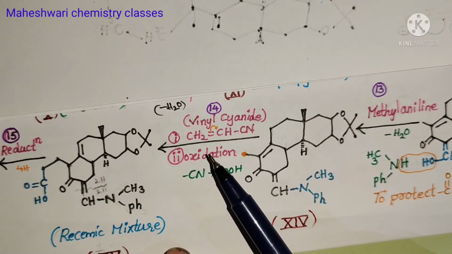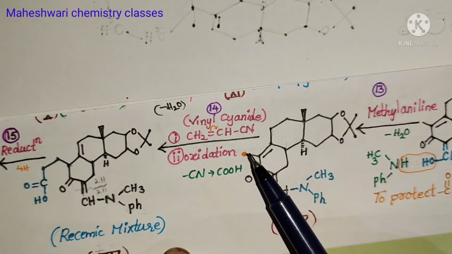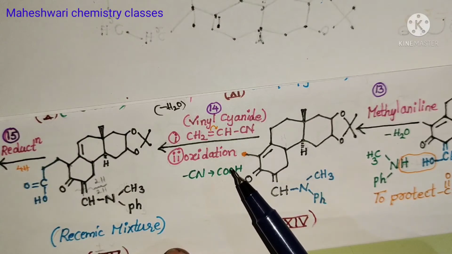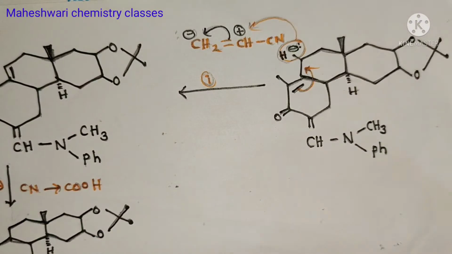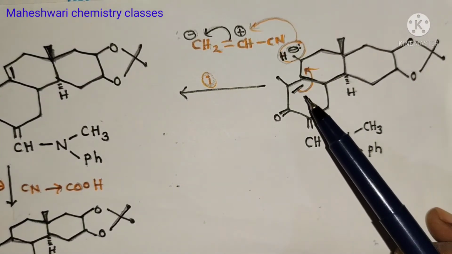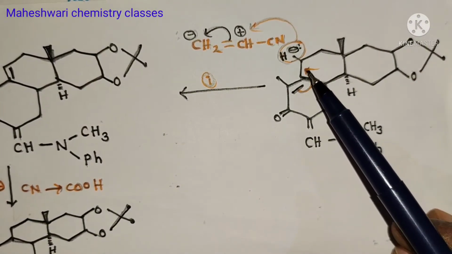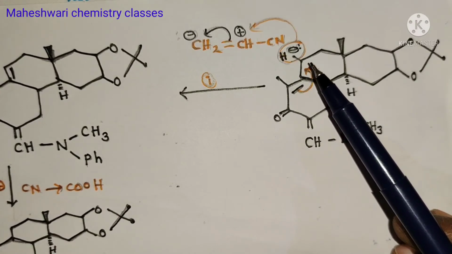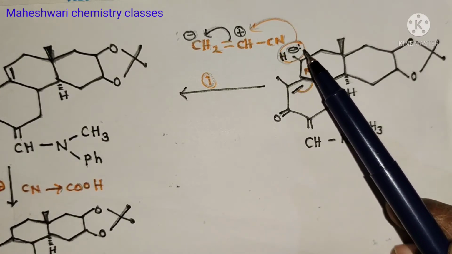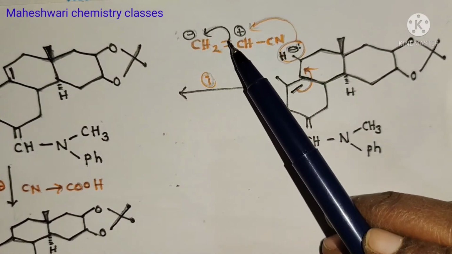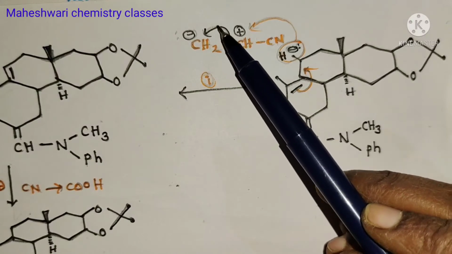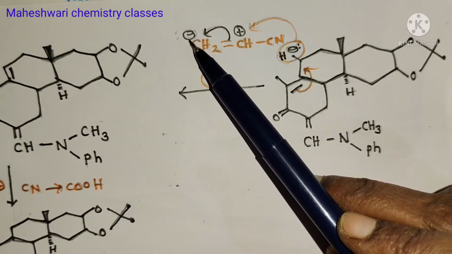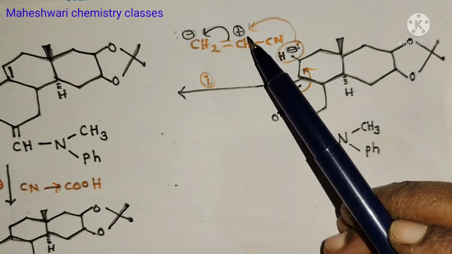It reacts with vinyl cyanide and also involves oxidation. How is it? See, like this. This pi bond is shifted towards this carbon side. At that time this hydrogen is eliminated as an H minus ion. In vinyl CH2 double bond CH, the pi bond shifts towards the CH2 side, it has a minus charge, and here CH has a plus charge.